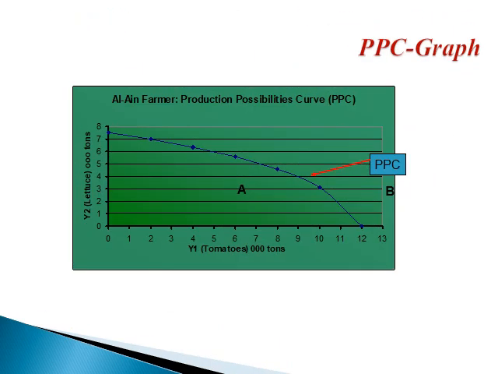And this is how to graph the table that we previously showed. Here I measured the tomatoes horizontally, I measured lettuce vertically, and the reason is simple: tomatoes is denoted by Y1, and lettuce is denoted by Y2. Usually in most textbooks, when you have Y1 and Y2, whatever is denoted by a subscript 1 will be measured horizontally, and whatever is denoted by subscript 2 will be measured vertically.